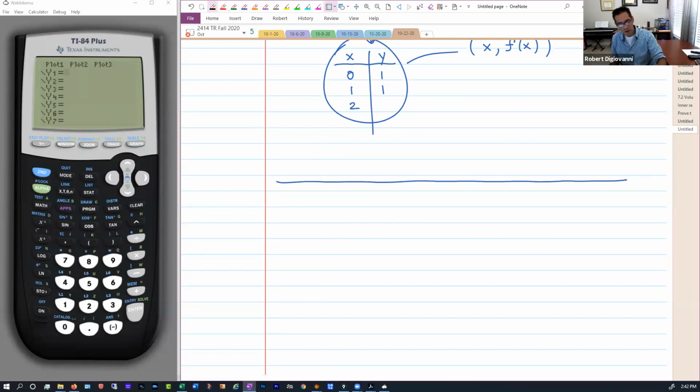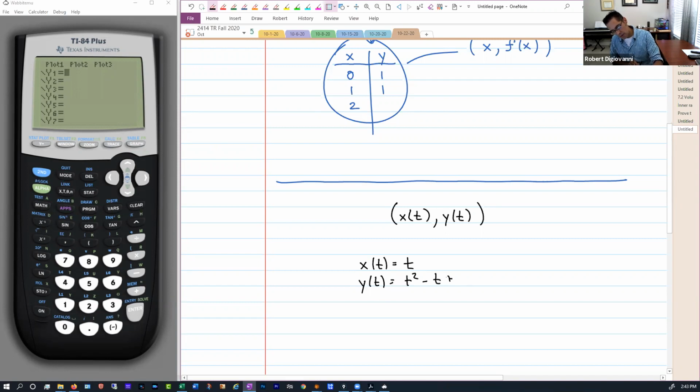I want you to think of an ordered pair where the X coordinate depends on some value T, and the Y value also depends on T. For example, if I told you that X of T was just T, and I told you that Y of T was T squared minus T plus 1.